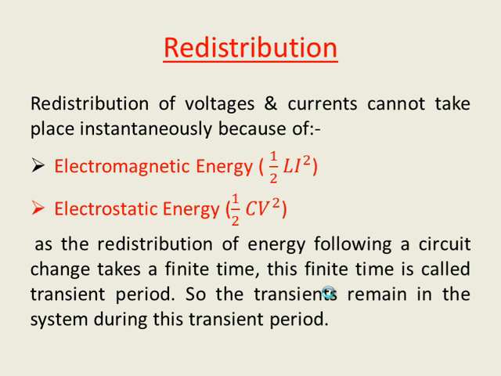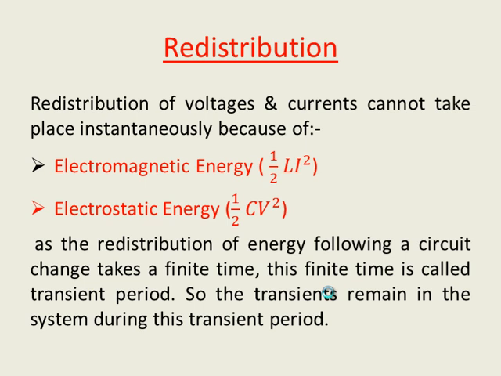As I have already mentioned in the slide, redistribution of voltage and currents cannot take place instantly because there are two reasons. As you may be aware, electromagnetic energy and electrostatic energy storage is given by one half L i squared and one half C v squared. Electromagnetic energy storage is related with inductance, because whenever there is inductance, there will be storage.